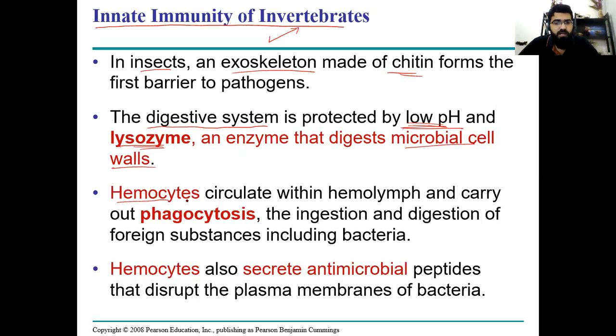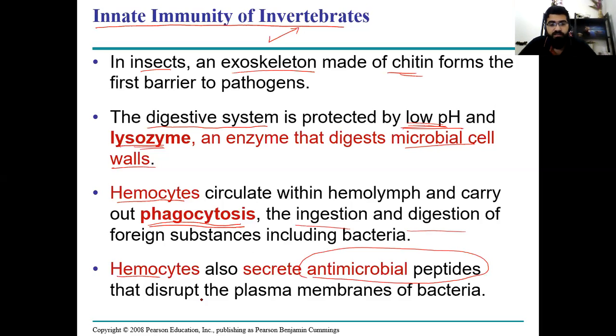Hemocytes are cells that carry out phagocytosis. Phagocytosis means engulfing the pathogen and destroying it inside the cell. So ingestion and digestion, engulfing and destroying. Hemocytes also secrete antimicrobial peptides, which are chemicals produced by hemocytes.